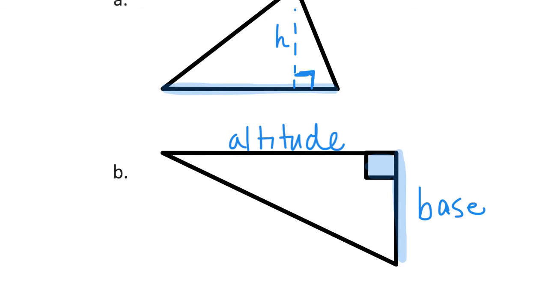But I could correctly answer it and reverse those and put the base where the altitude is and the altitude where the base is, because those two dimensions form my right angle. The base does have to be one of my outside edges, but the altitude can be an outside edge if I have a right triangle, or it can be a dotted line inside or outside of my triangle for the altitude or height.